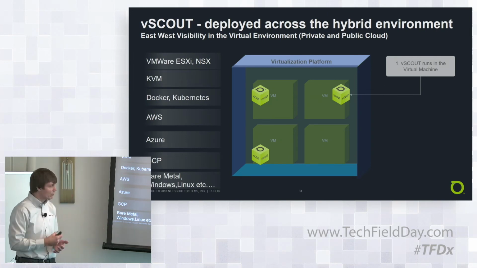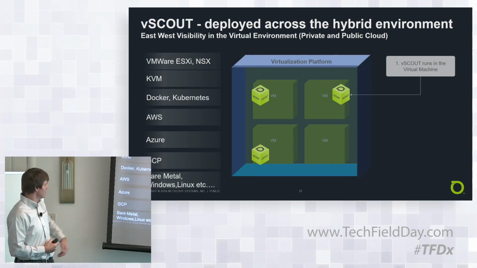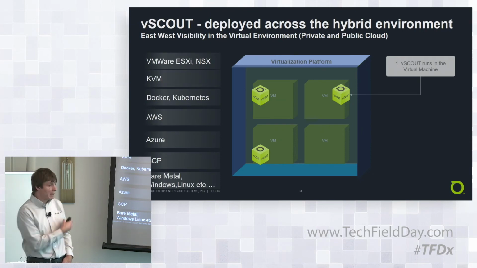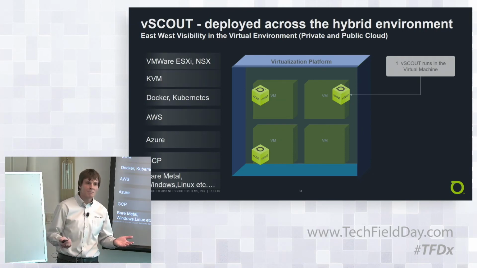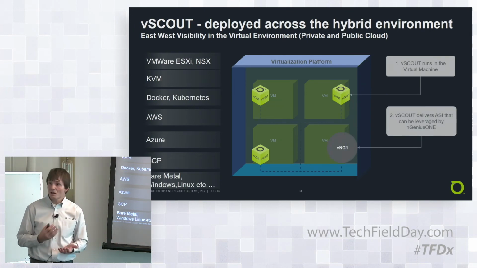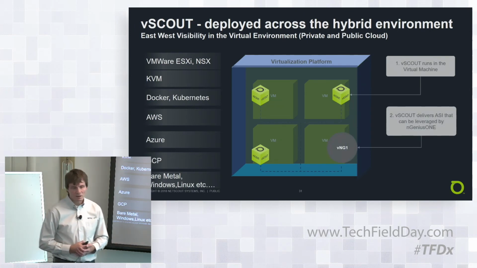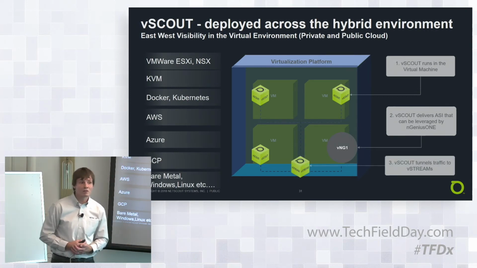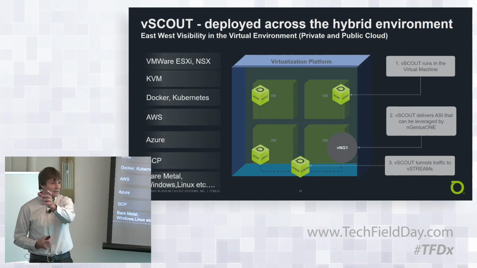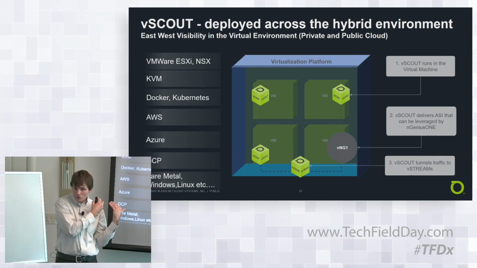We talked about Docker, Kubernetes. We talked about Amazon, Azure, Google, bare metal. We can use that agent. And guess what it does? Exactly the same thing. It does that ASI metadata. It translates that and sends it off to the nGeniusONE platform. And of course, we could do that traffic forwarding as well. So from an agent in Azure, I can forward the packets to a vStream in Azure, and then we've got those forensics and deep packet inspection that I just discussed.